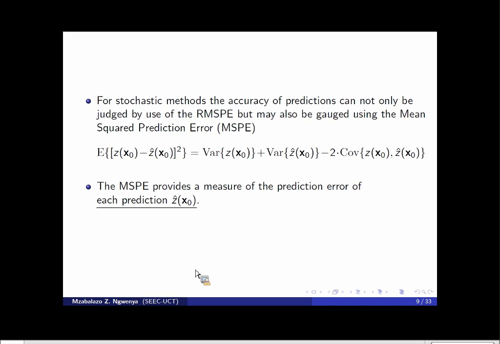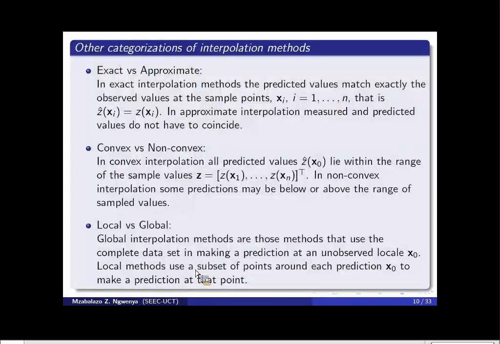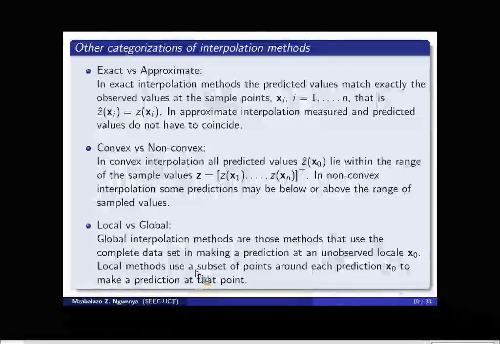But if it's next to a children's hospital, I might be a bit stricter in my prediction, because I want to have a better understanding of the variance, or how much my pollutants vary. So you cannot do this with our deterministic methods, and you can only do this with our stochastic methods. This sets apart your deterministic versus your stochastic methods from each other.